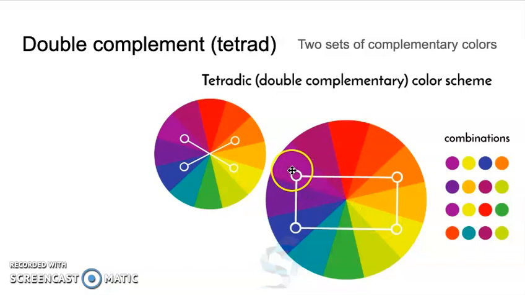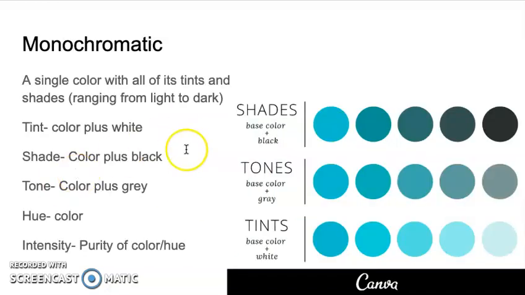You can combine purple and yellow and blue and orange to make a tetrad. This one is the same color scheme, just visualized in a different way. So you can think of it as a square, tetrad, or as an X, double complement. Same thing, different visual.